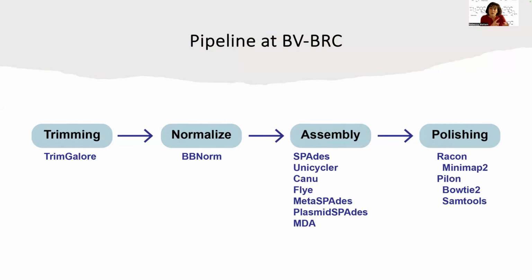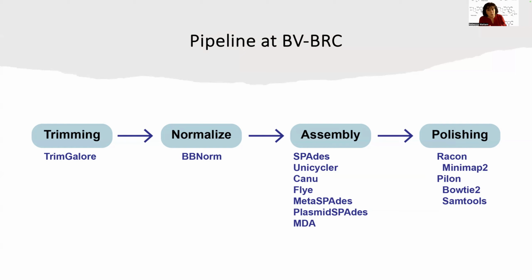So the steps involve trimming, normalizing the data. Now you may be thinking, what is normalizing the data? Sometimes you have areas where a part of the genome or an area of a contig has really dense reads attached to it, and other parts are very sparse. Sometimes this will cause an assembler to fail.